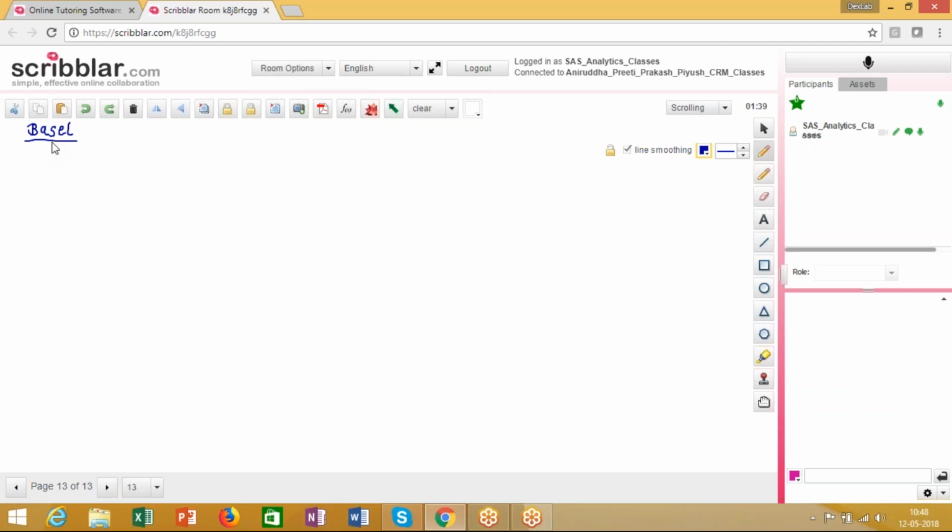The first question that comes out is how to define the retail portfolio. A retail portfolio, as Basel defines it, is one where the accounts are not managed independently or separately, but are managed in a group. You have a group of observations on the basis of which you manage your accounts.